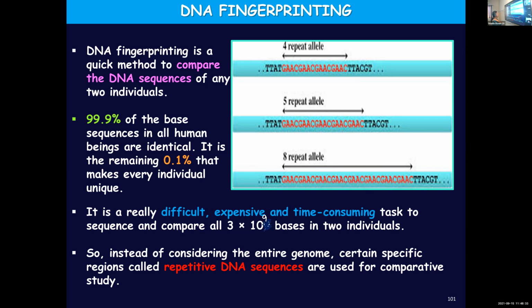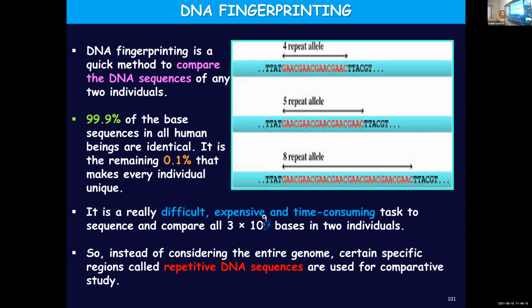So certain specific regions known as repetitive DNA sequences are used for comparative study rather than concentrating on the entire genome, because 99.9% is the same. The difference lies in these repetitive sequences. How many times a sequence gets repeated will be different for different individuals.